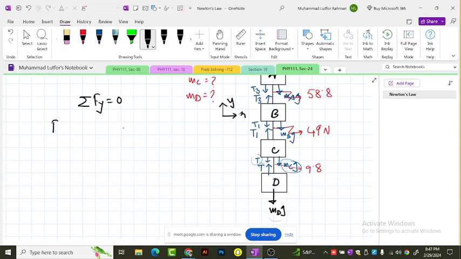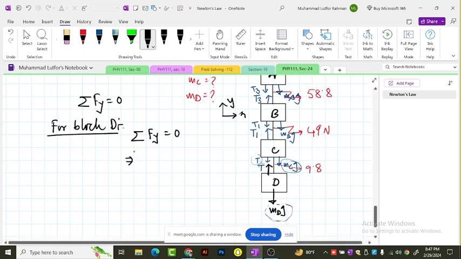Fine. Let's write down for block D. For block D, if I write down that the net force along the y-axis is 0, then how many forces are there for block D? I can see two forces. One is tension, upward toward the positive y direction, and mdg toward the negative y direction.